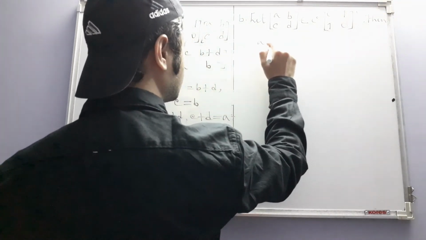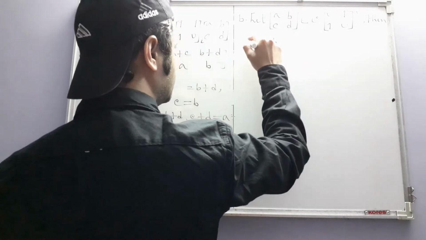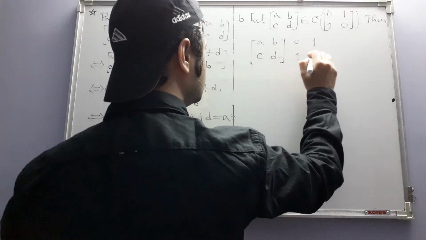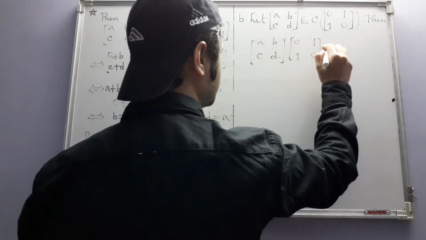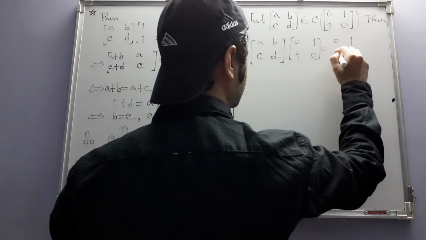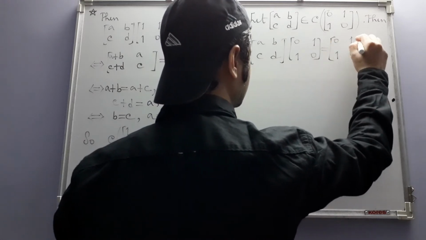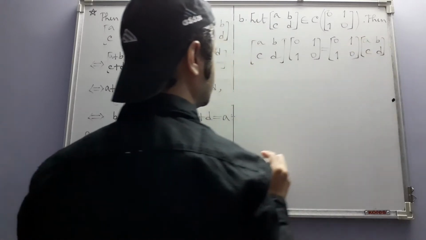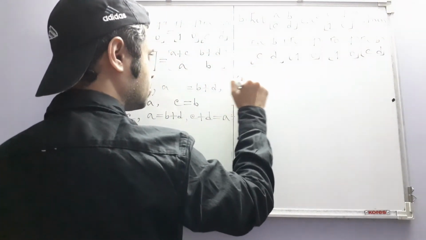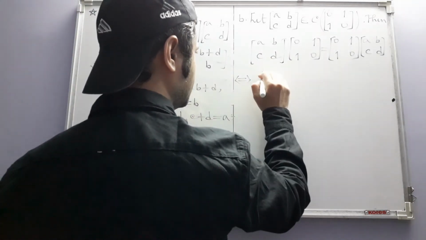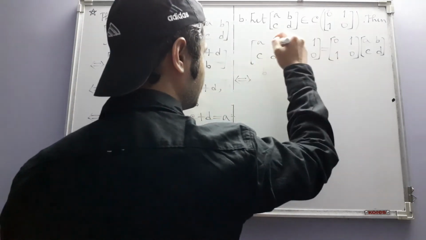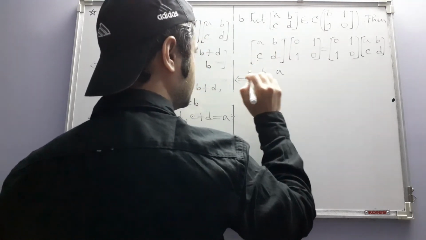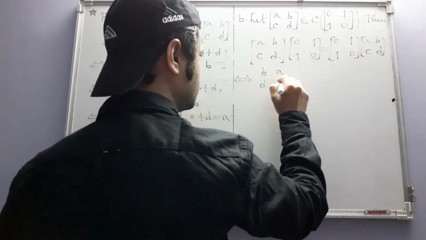Then A, B, C, D times 0, 1, 1, 0. A, B, C, D gives 0 plus B, B, A plus 0, A, 0 plus D, D, C plus 0, C.